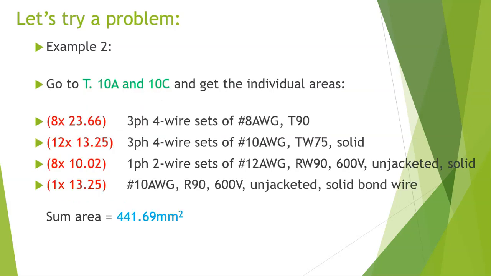Based on that, how many conductors do we actually have to be concerned about? Well, for our first line of information, because we've got two 3-phase 4-wire sets, that means we actually have 8 of these conductors, 8 number 8s, which are T90.